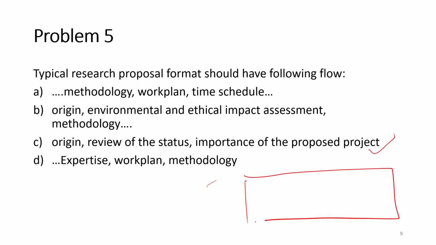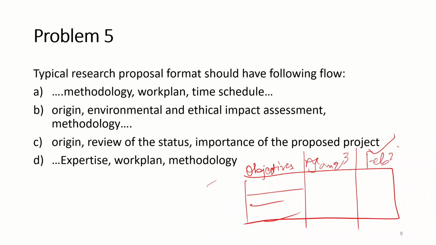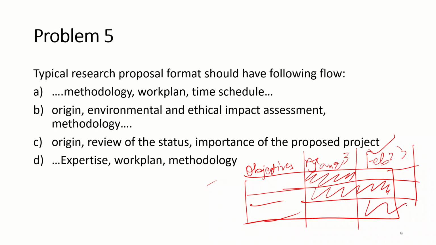You have different objectives, and the months are written, like Jan to Jan 23, then Feb 23, and this chart goes on like this. A schedule is also there.